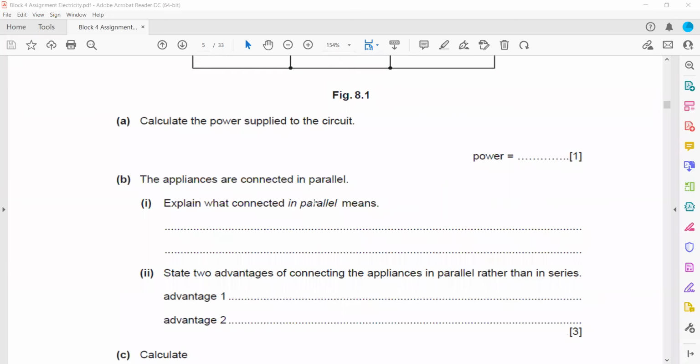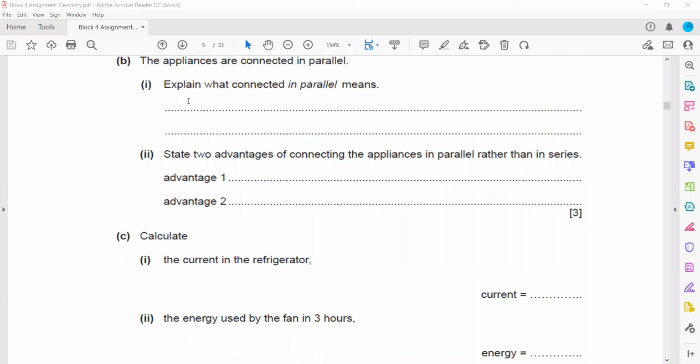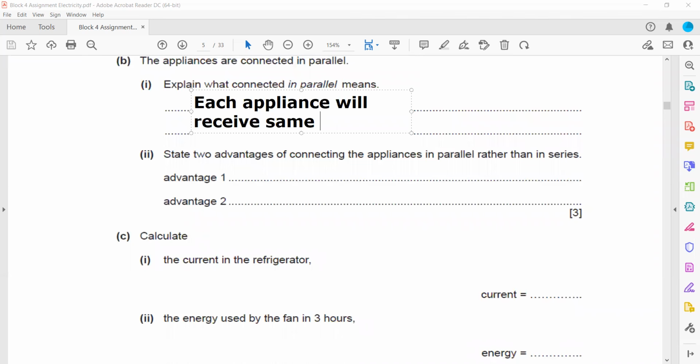The appliances are connected in parallel. What is meant by connected in parallel? Connected in parallel means a separate connection for each appliance, or each appliance will receive the same voltage. Then two advantages of connecting them in parallel rather than in series.